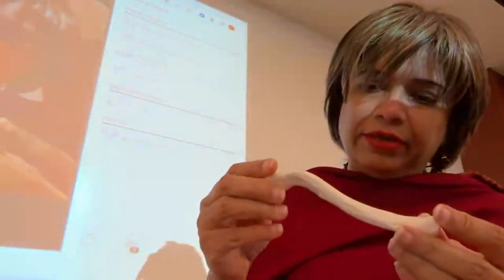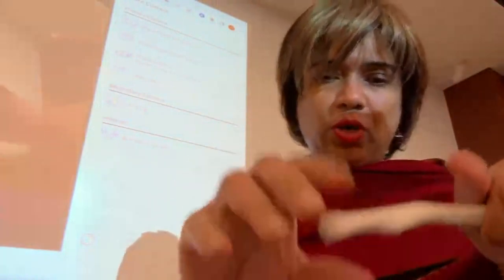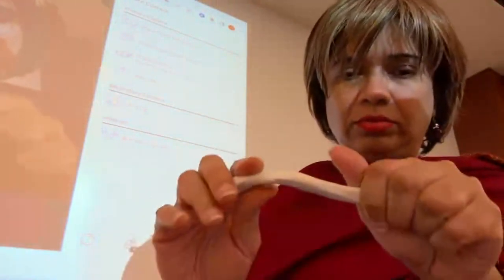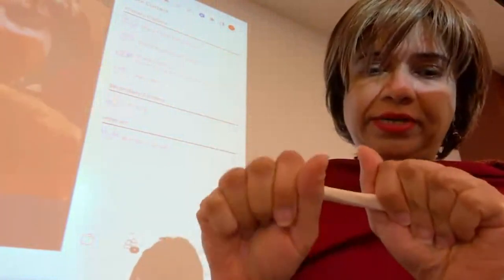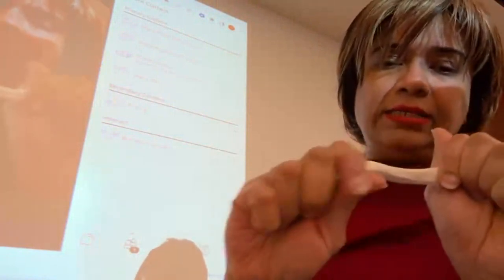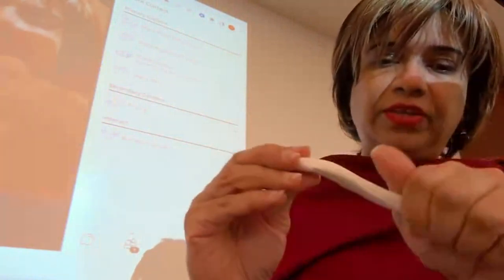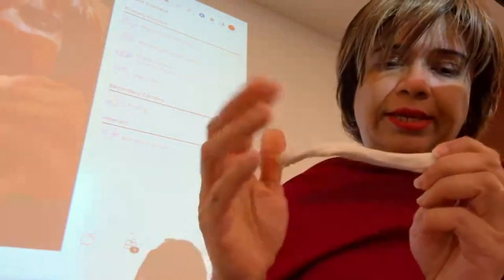And then we have clavicle right here. You can see the clavicle. So in order to know which end is what, you're going to curl your fingers around it. One side is chunky, the other one is flat. This is my flatter end. This is the chunkier end. So this is sternal end, the chunky end.